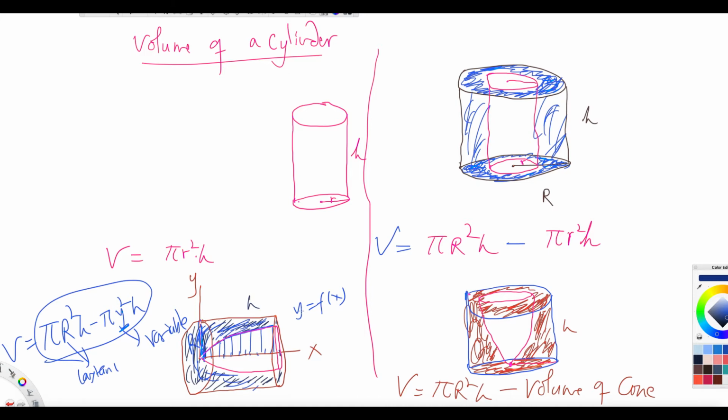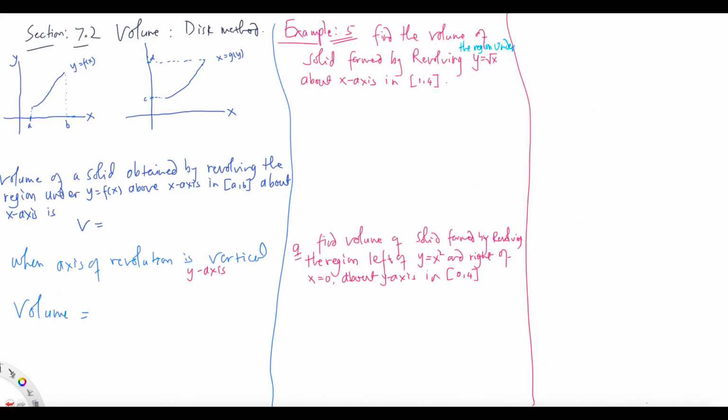Hi, in chapter 7.1 you learned how to find the area between two curves. We saw mainly two scenarios: the first was if the two curves are not intersecting inside an interval, and the other was if they intersect inside an interval.